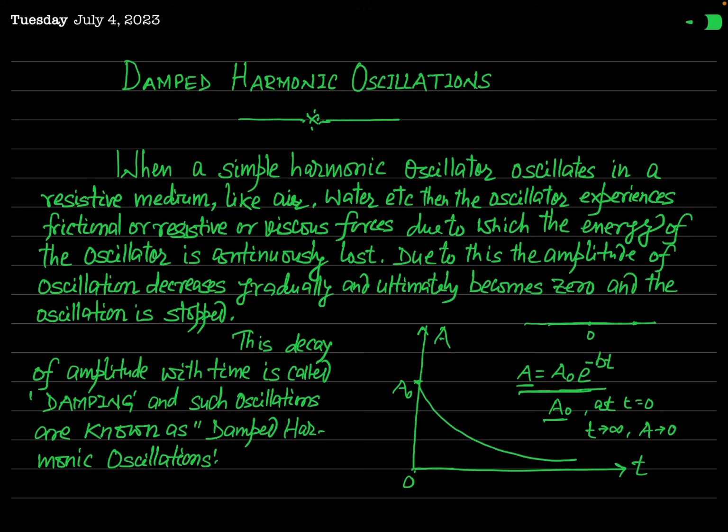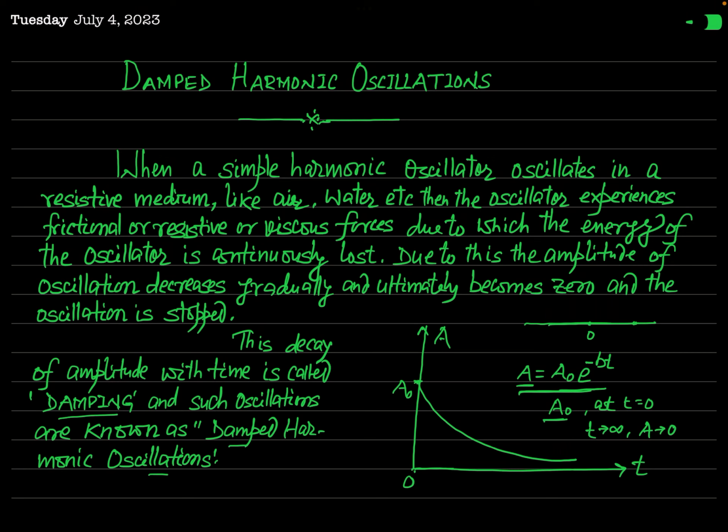So finally, the oscillator stops oscillating in this case. Okay. Actually, this decrease or decay of amplitude with time is called damping. What do you mean by damping? Damping is the decay or decrease of amplitude with time. And this type of oscillations are known as damped harmonic oscillations.